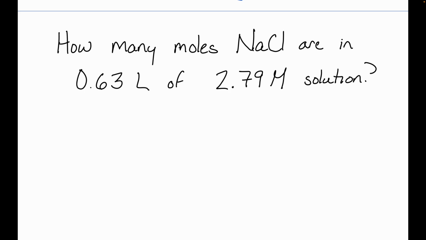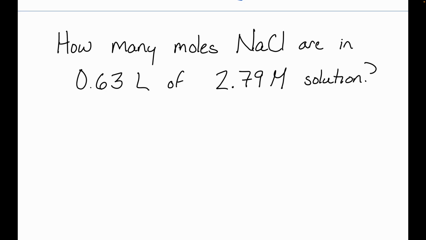All right, so the key here, it's going to be the exact same game that we've been playing over and over again with our units, but the key is we got to know how to turn this piece of information from our problem, that 2.79 big M, into something that we can actually use in our math. This is similar to what we had to do to molar mass or density. We had to split up those mixed units, right?